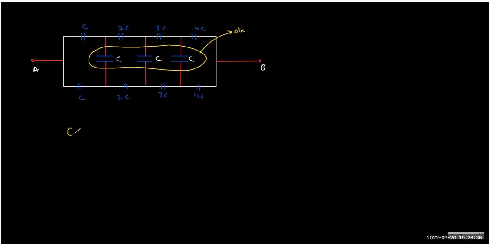And therefore, the C_AB will be a bit complex because it's 1 by 1, 2, 3, 4. How much is that? 12. 18 plus 4, 22, 25. So it's 24 by 25, right?